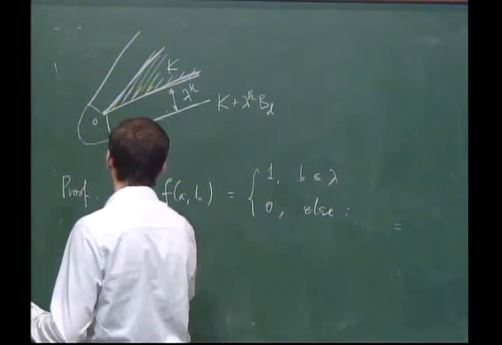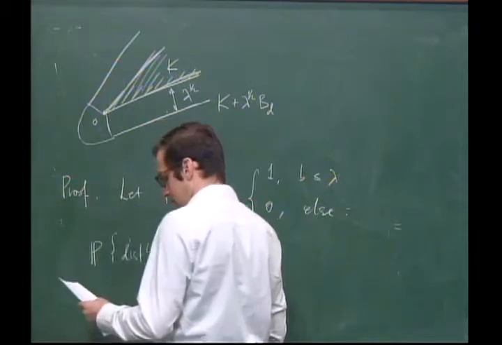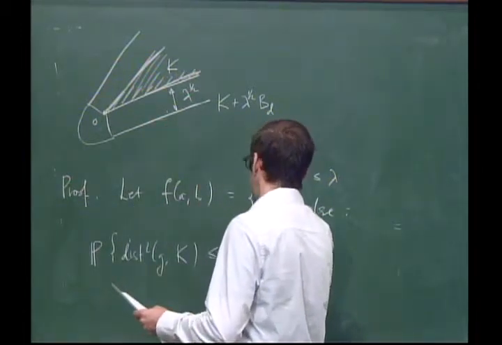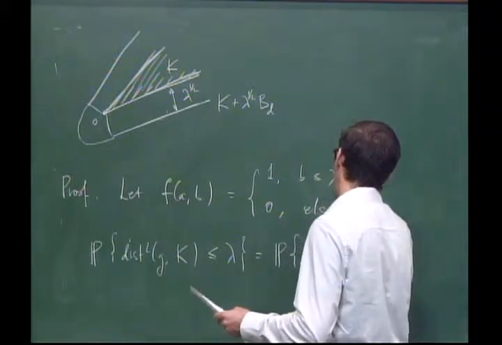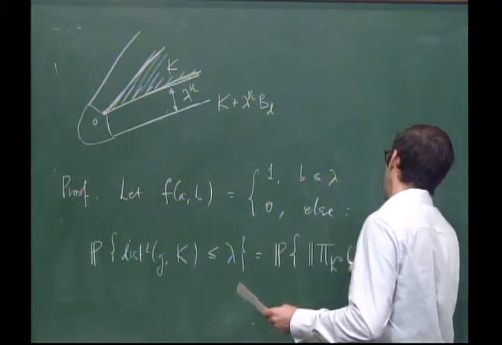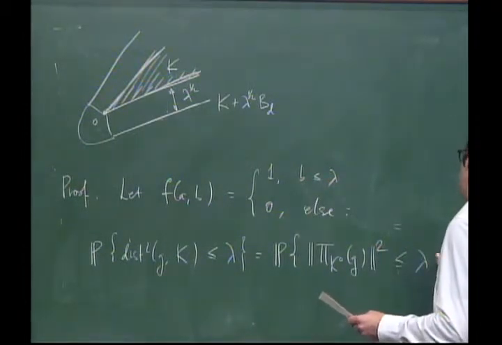The probability that the squared distance from G to the cone is less than or equal to lambda is equivalent to the probability that the projection of the Gaussian onto the polar cone is less than or equal to lambda.